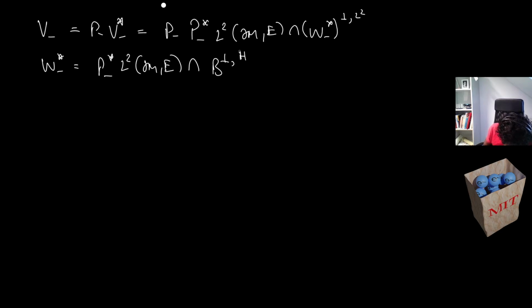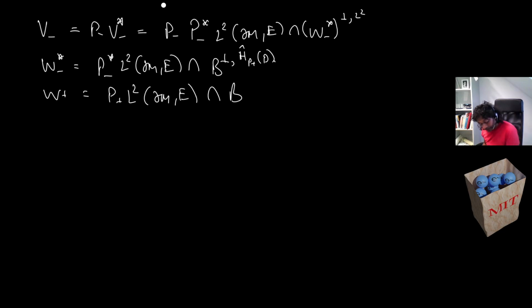Maybe it was wrong for me to try and write this again because it's a bit complicated. And of course we had the W plus, which was the intersection of simply the boundary condition with P plus, right? I mean, these can be more general than the spectral projector. So let's just remind ourselves of these spaces.